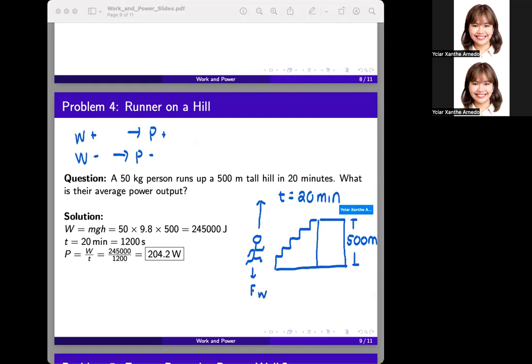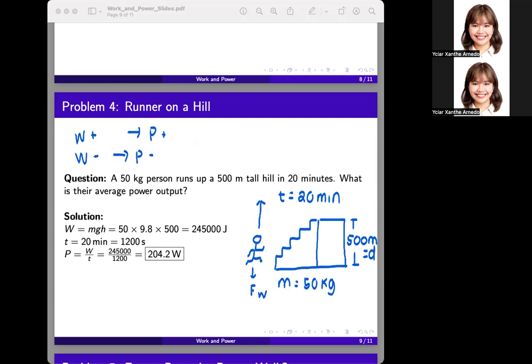And again, the mass is 50 kilograms. This will be our displacement. So given the quantities, even though the work is not a given, we can easily solve this using the force of gravity, which is the force acting on the person, and the displacement.